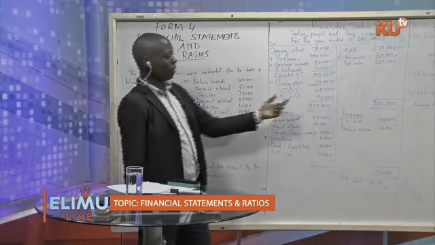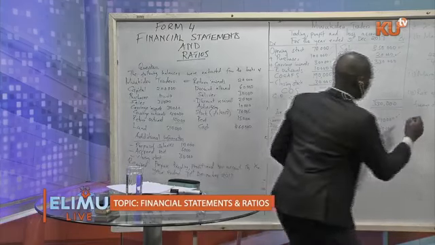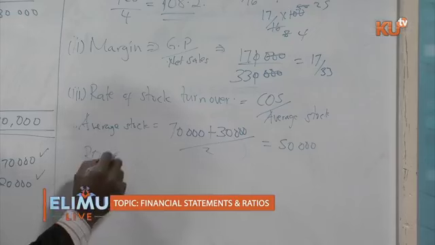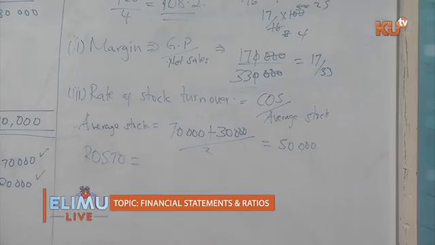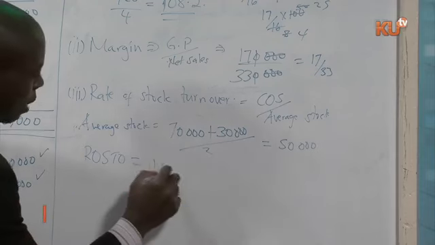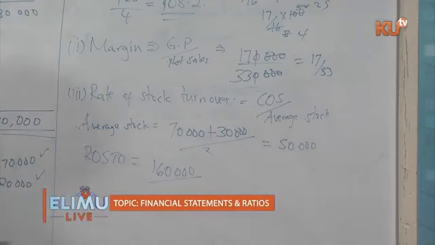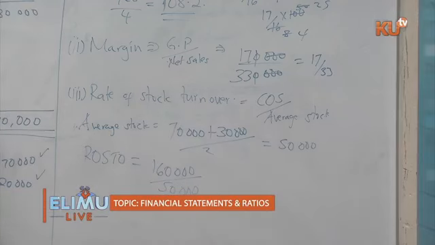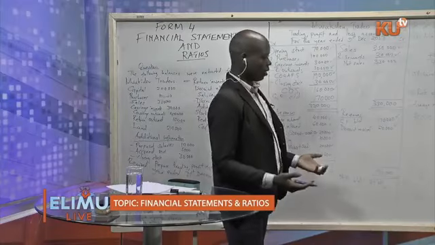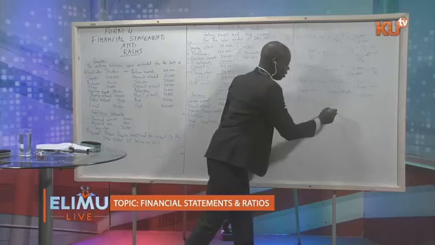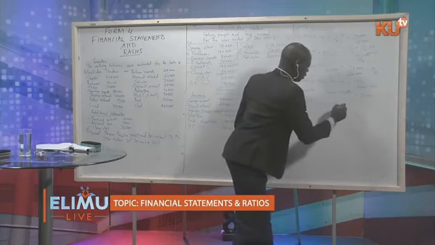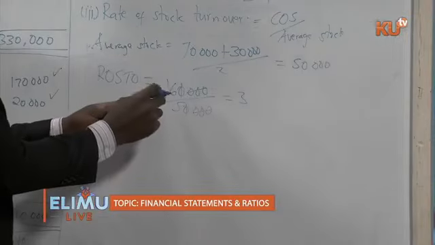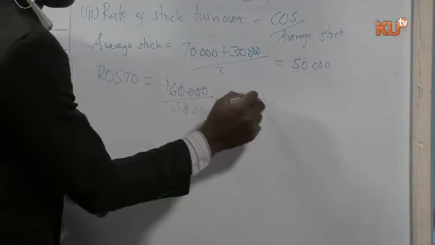So we now calculate, based on this cost of sale, our rate of stock turnover, which will be equal to our figure for the cost of sale, which is 160,000, divided by the average stock, which is 50,000. This cancels out, so that gives 16 over 5, that is 3.2.